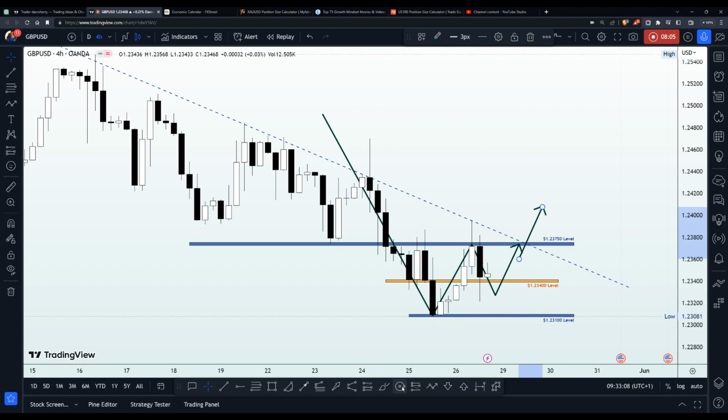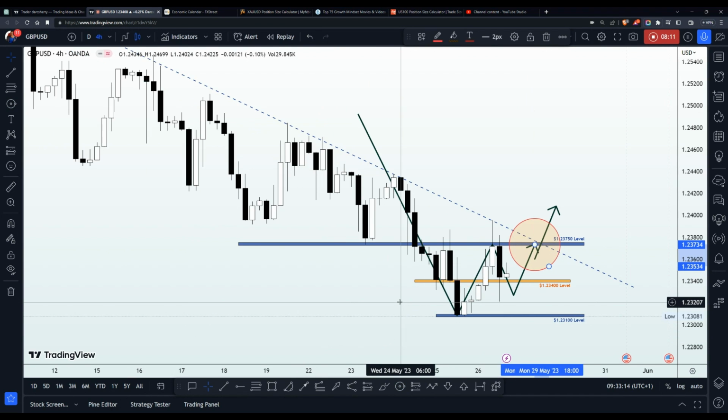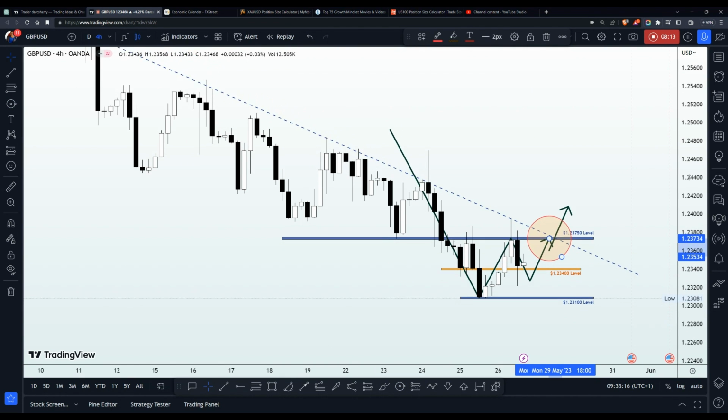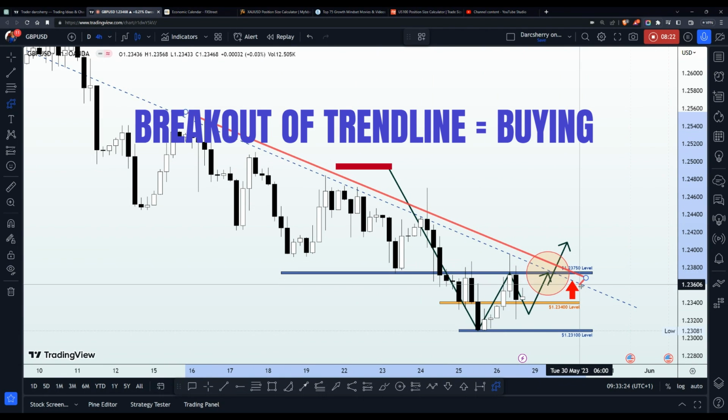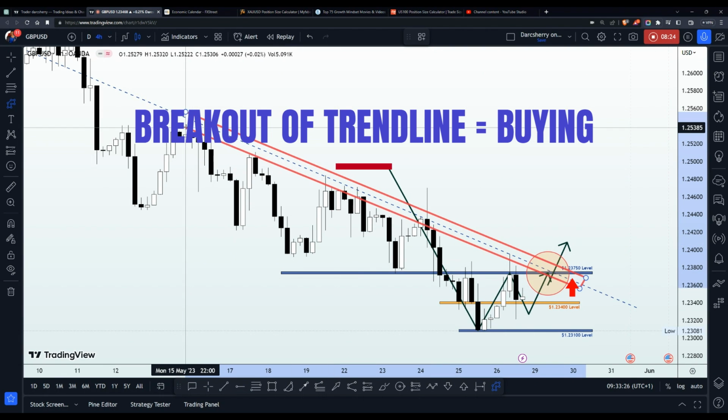And one thing you will notice here is that if price action ever breaks out of the 1.23750, it would also have broken out of that bearish trend line, giving us a sign that the trend line here may no longer have the capacity to continue to negate the bullish attempt in this market.